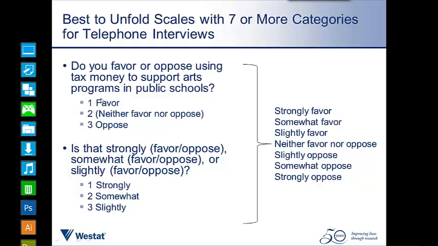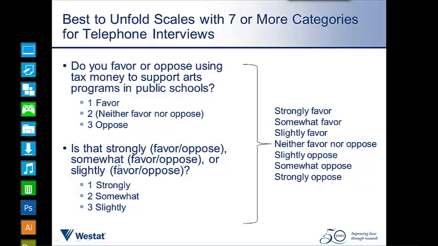So we use an unfolding technique to simply ask, do you favor or oppose? And here you can see our neutral response option is in parentheses, which is suggesting that it's a volunteered option. You don't say it explicitly out loud, but you have a place to code it, since this is a telephone survey. And then you might follow that up by asking, well, you said that you favor this.